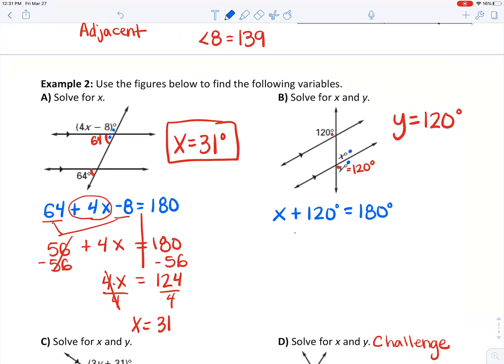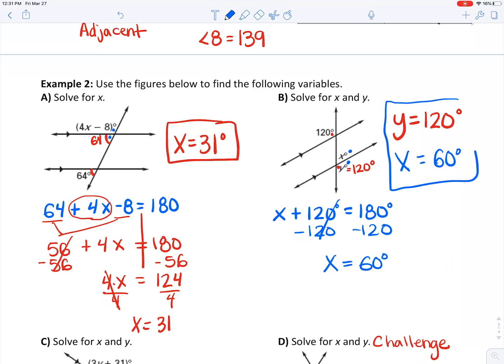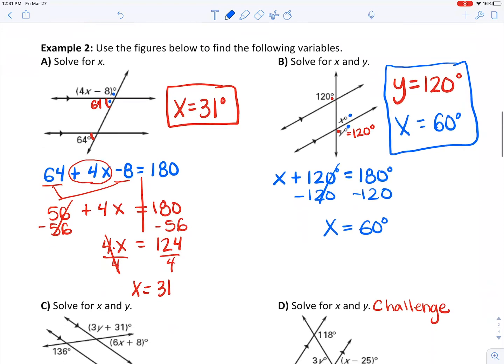Solving just like we normally would, I would subtract 120 on both sides. So x is going to be equal to 60 degrees. X is equal to 60 degrees, and now we have answered that question because we solved for both x and y.